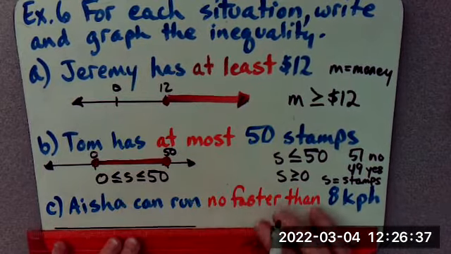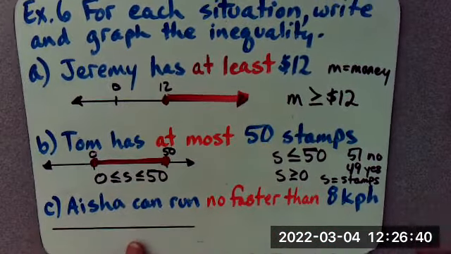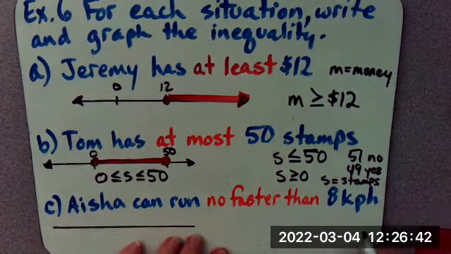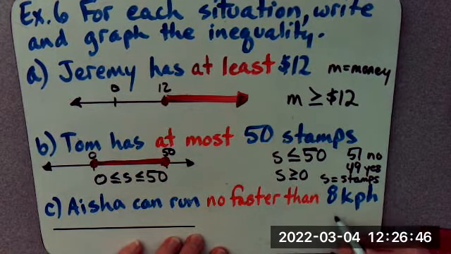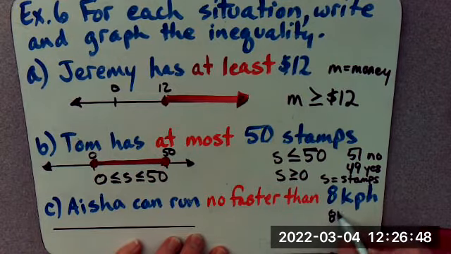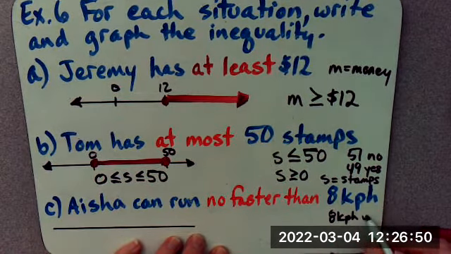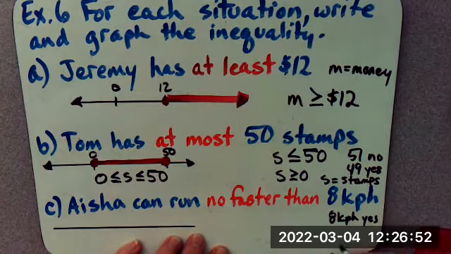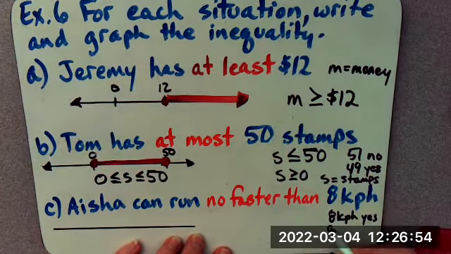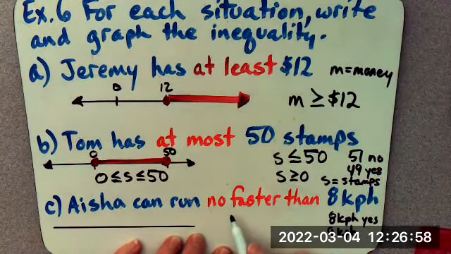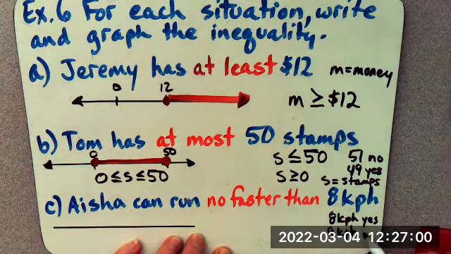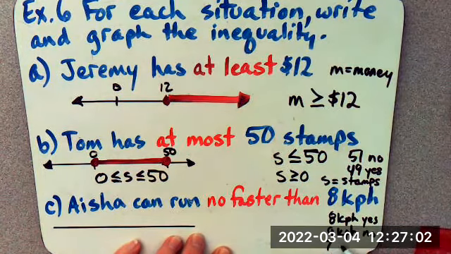All right, now if we draw this one, we have Aisha can run no faster than 8 kilometers per hour. Can Aisha run 8 kilometers per hour? Yes. Can Aisha run 9 kilometers per hour? No faster than 8. No. Can she run 7 kilometers per hour?